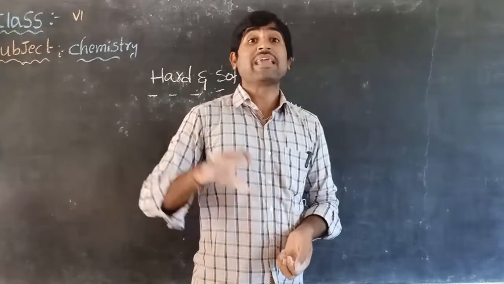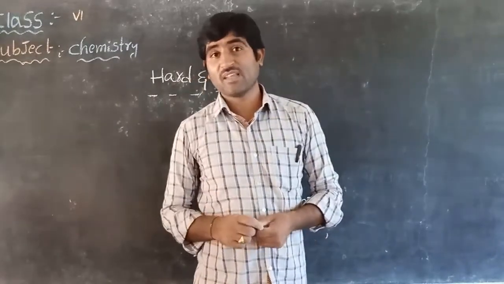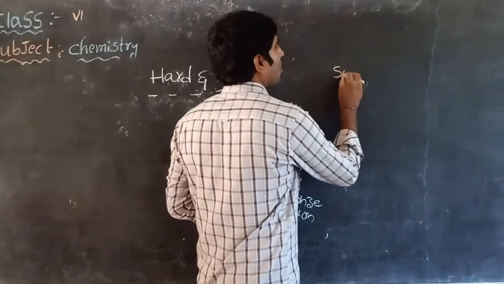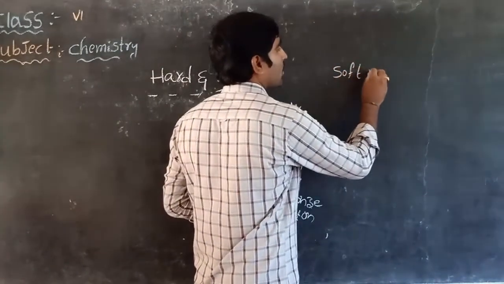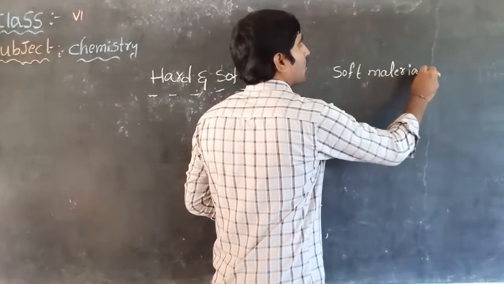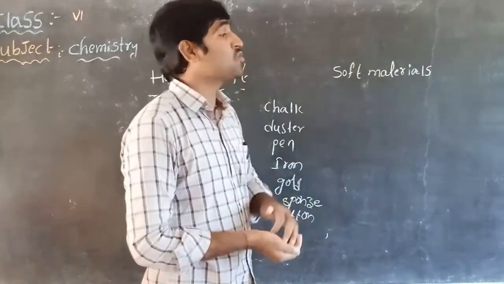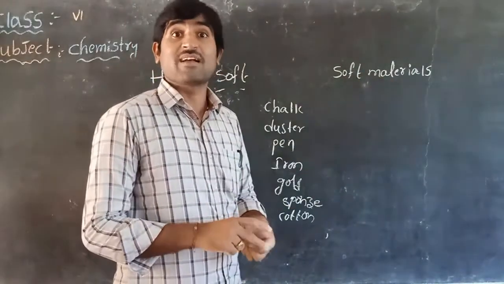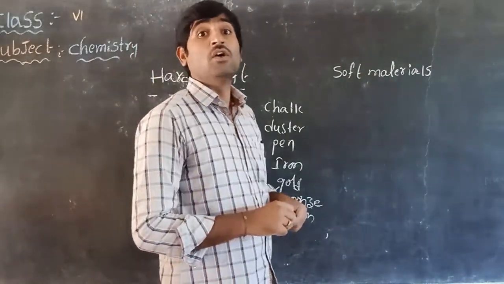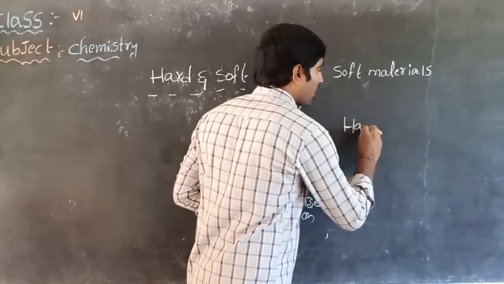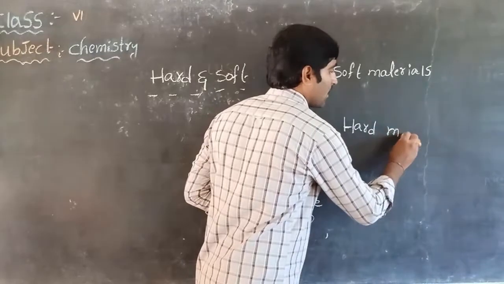The materials which are easy to compress are called soft materials. Whereas, on the other hand, the materials which do not compress easily are called hard materials.